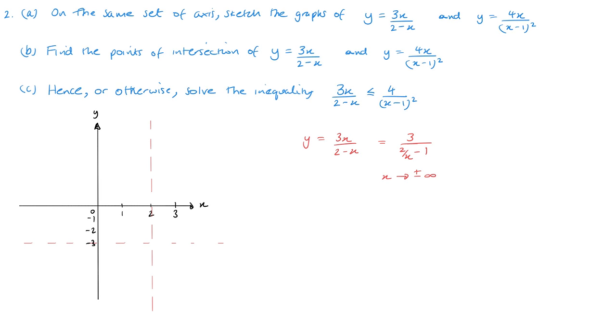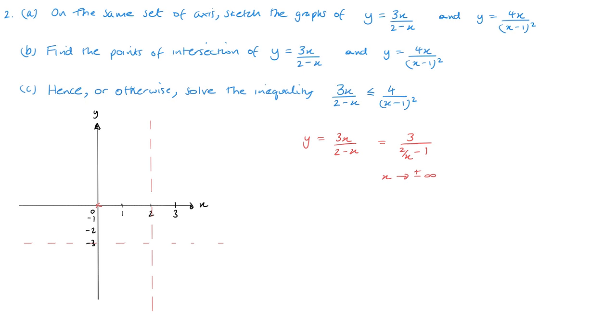So when x equals 0, it crosses at 0. So 0 over anything is 0. So it's going to cross at 0, 0. We don't need to do when y equals 0 because we've already got it crossing at 0, 0.